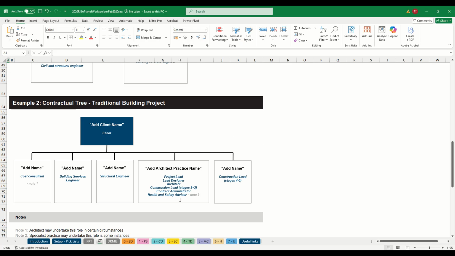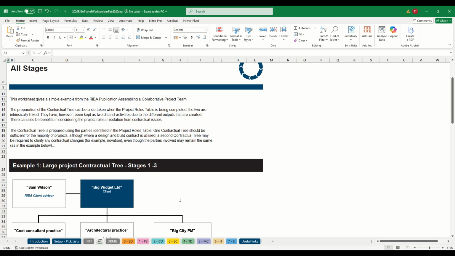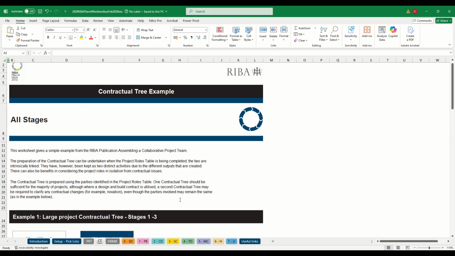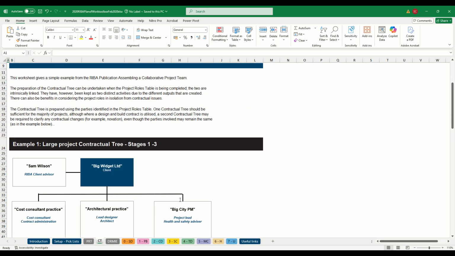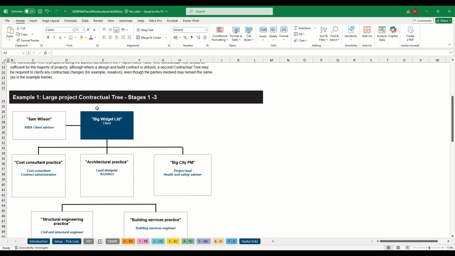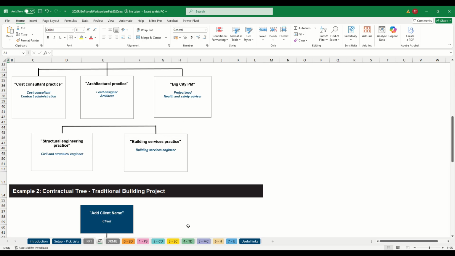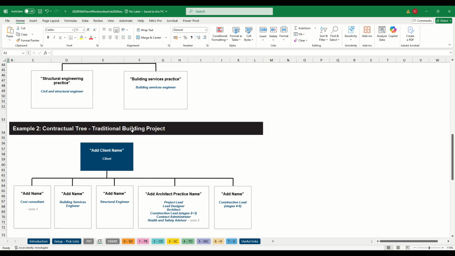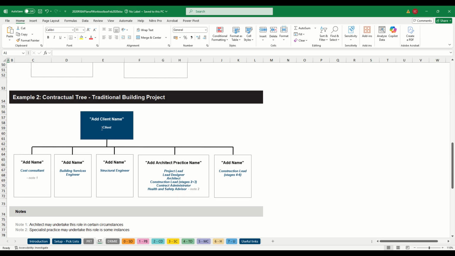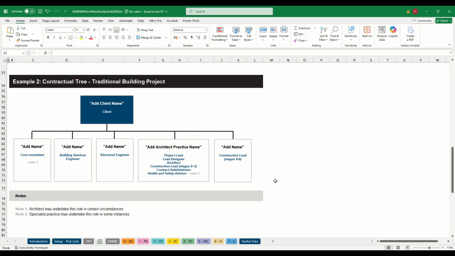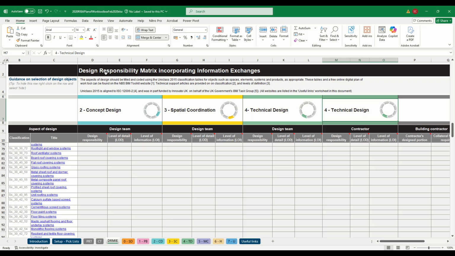Then you've got the matrix of contractual, three examples, and this will be for large scale projects, and you can see the interlinkage of practices, and this will be for more traditional ones, homeowners, residential works. Then you have design responsibilities, incorporating change and information.